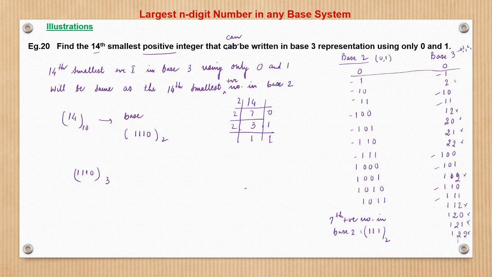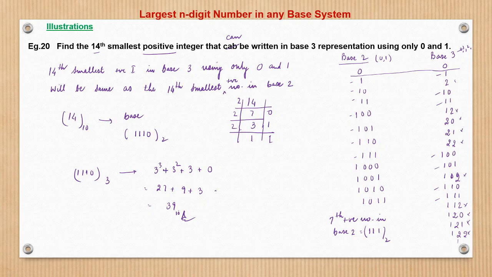So this we will convert back to decimal. It will be 3 cube plus 3 square plus 3 plus 0, right? So this will be 27 plus 9 plus 3. So this is 39.